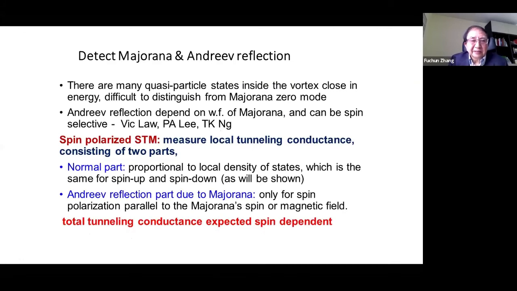Then there's an issue about detecting the Majorana zero mode and unusual refraction. There are many quasi-particle states inside the vortex close to the zero energy, difficult to distinguish from the Majorana zero mode. And that has been resolved by using high TC material, which has a large mini gap due to the Caroli-de Gennes-Matricon quasi-particle.